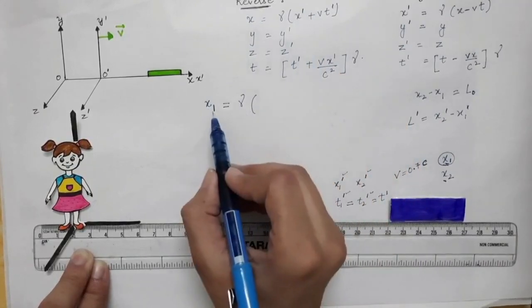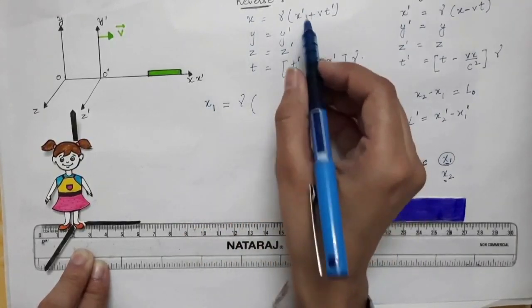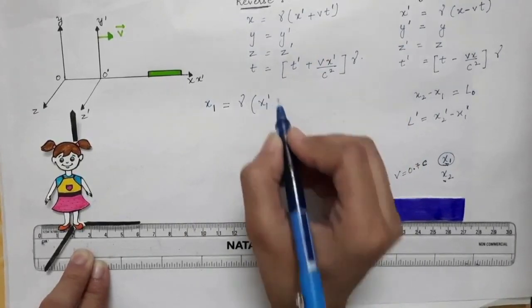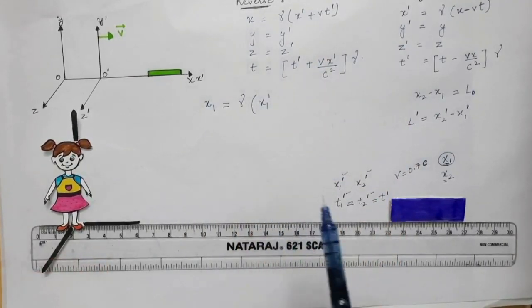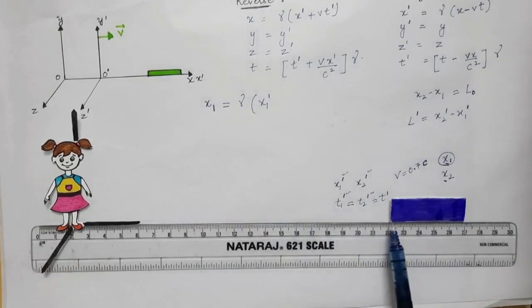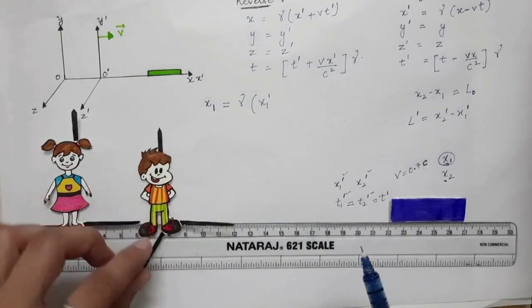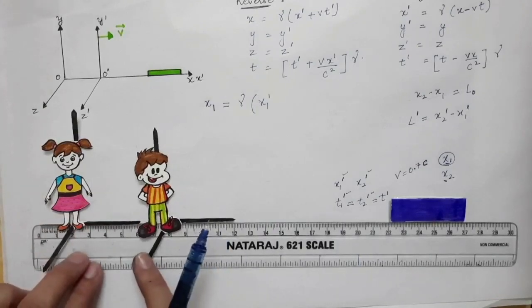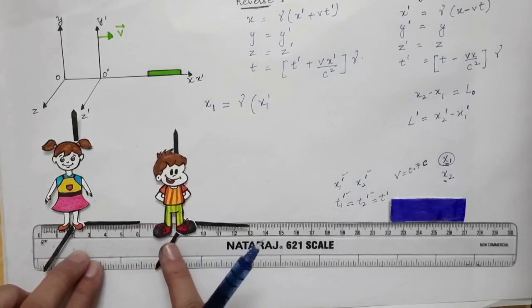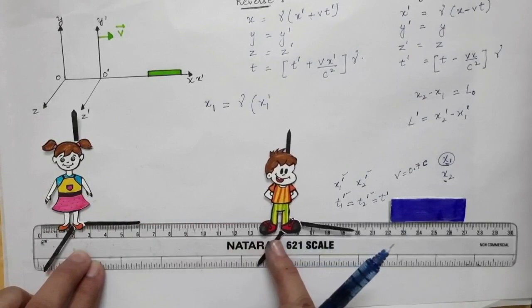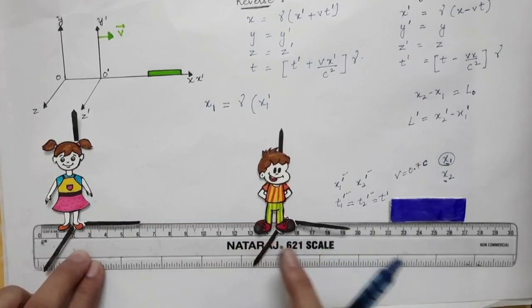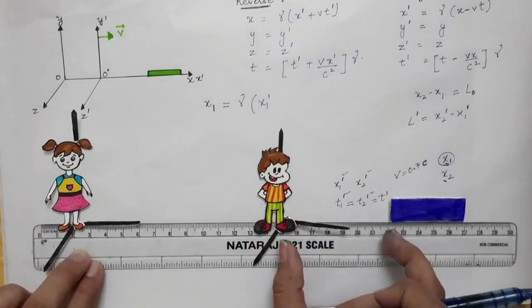So we are talking about x1 and x1 prime. x1 prime is the measurement of this same point with respect to your friend who is moving with velocity v in this direction. So according to him, the x1 prime coordinate will be different.